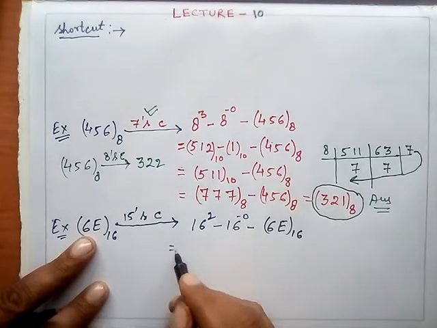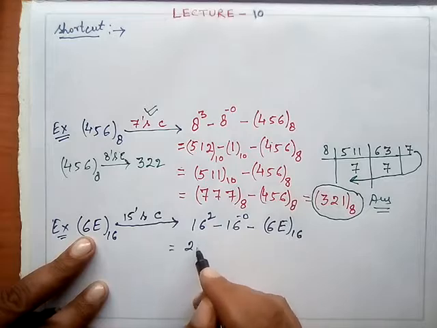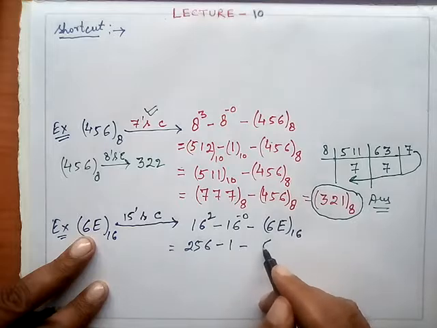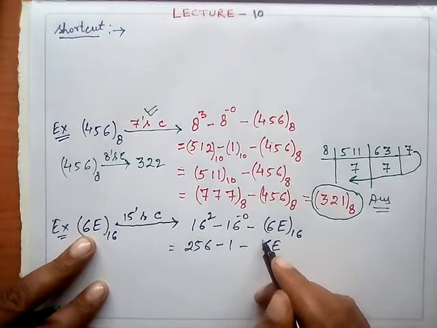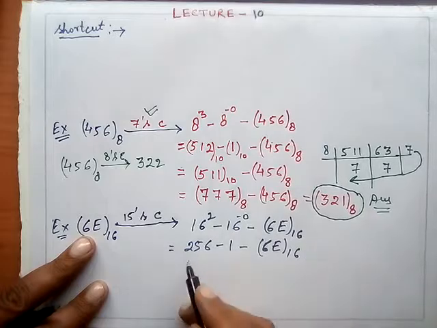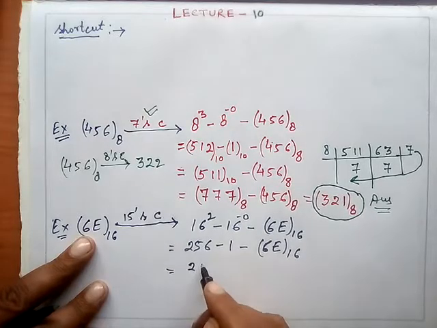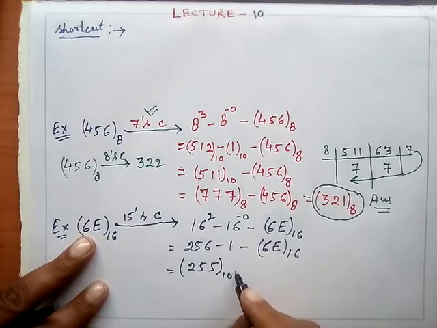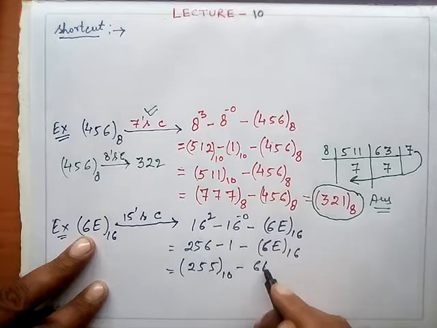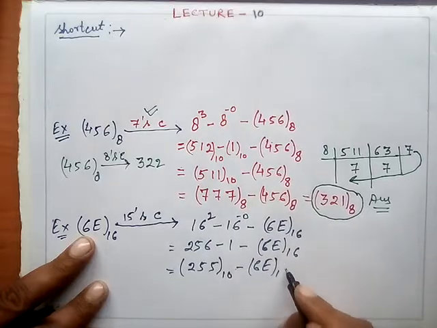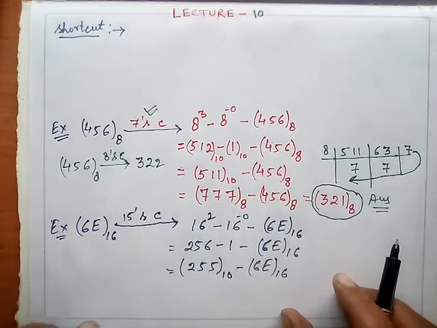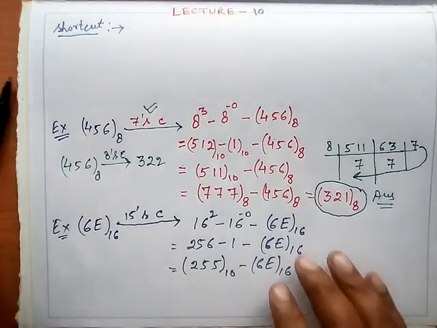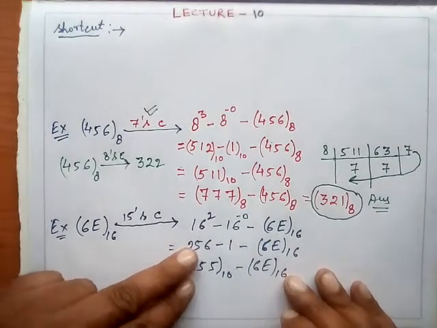Now if I solve this, 16 into 16 is 256. 256 minus 1 gives 255, but this is 255 in base 10 minus 6e in base 16. I hope this is clear to you. This 255 is in base 10, so I have to convert it into base 16.